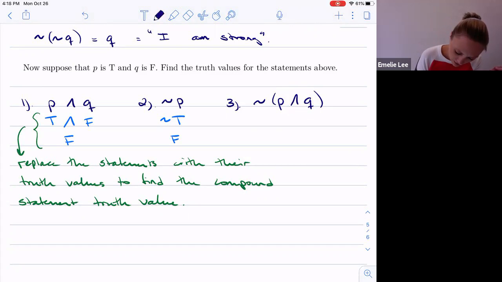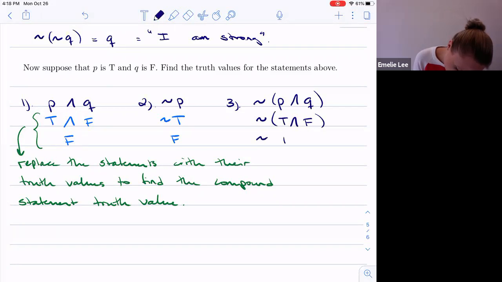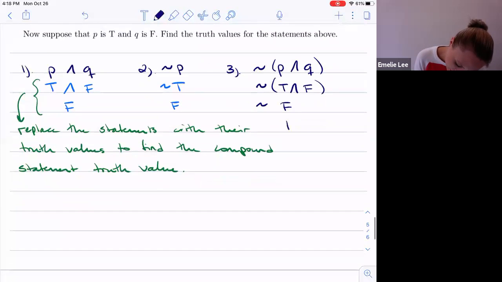So now I've got not true and false. P and Q is over here, and I already decided that this is false. If I wanted to, I could have skipped straight to replacing this with false, but we're not moving that fast quite yet. So this becomes not false, which is true.